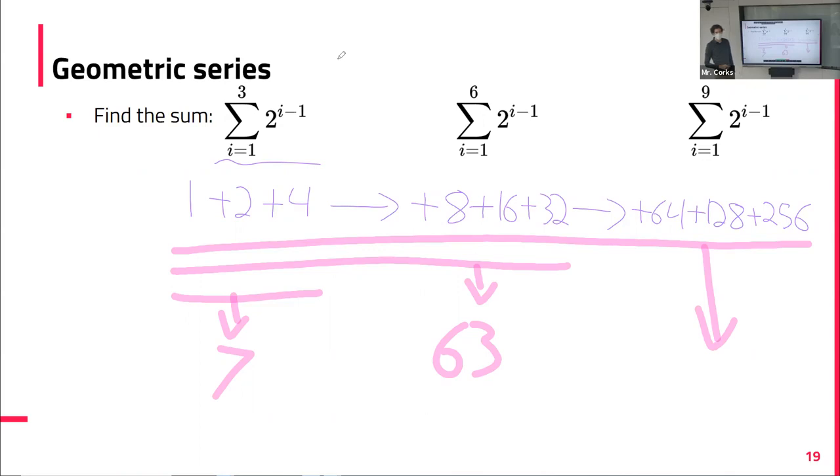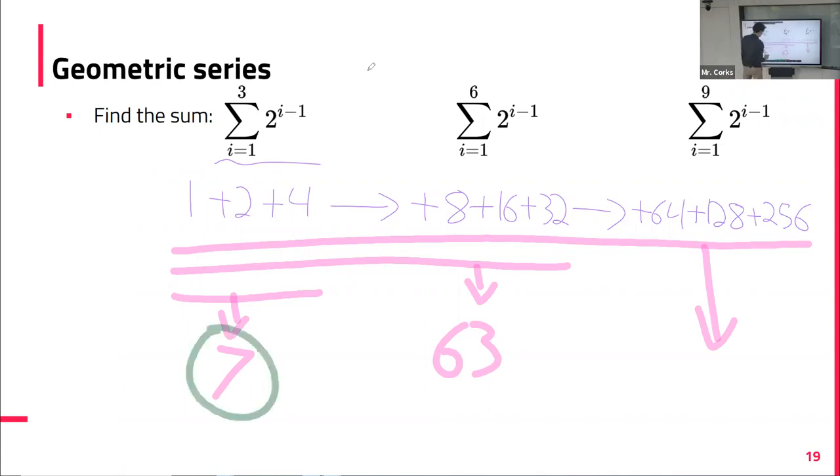Look at the pattern that we see so far here.